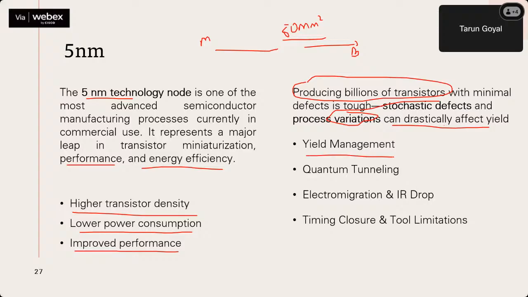First of all, yes, yield management is tougher for these latest and greatest nodes. If you remember, one of the customers, I can take their name, a branded phone manufacturer, moved to 3 nanometer, and the yield was hardly 48%.